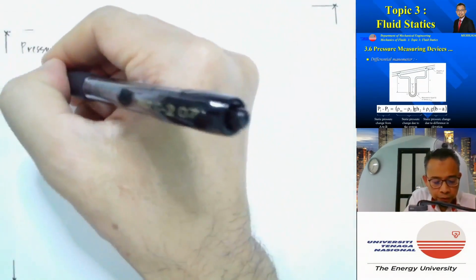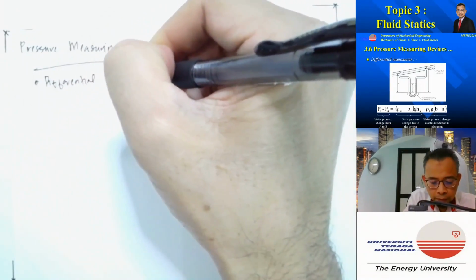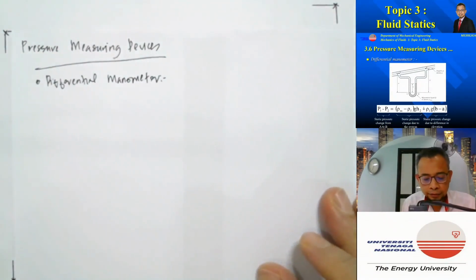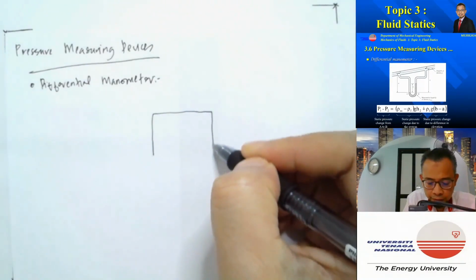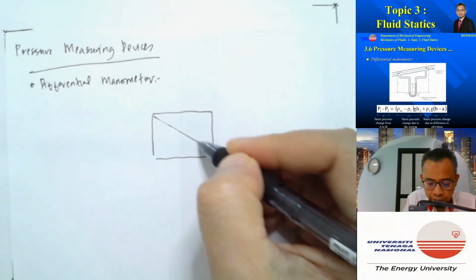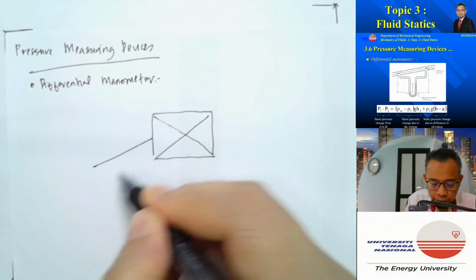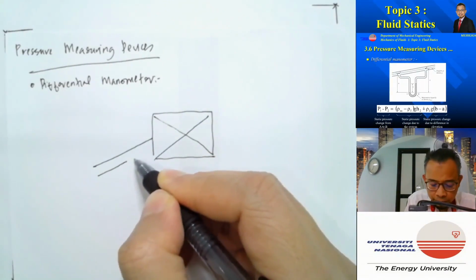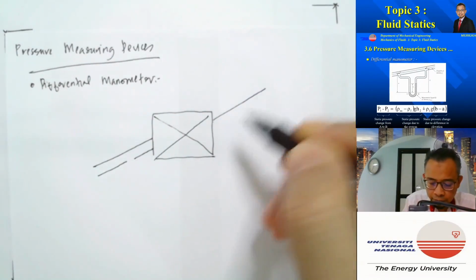So, differential manometer. Let's say we have a fluid system. So let's say this is some sort of a device, and we have a tube coming in. And after that, let's say it goes out here.